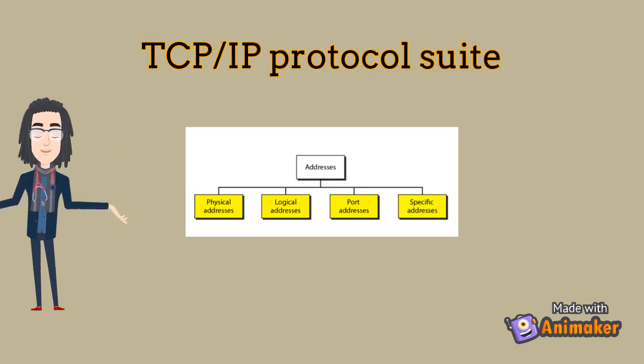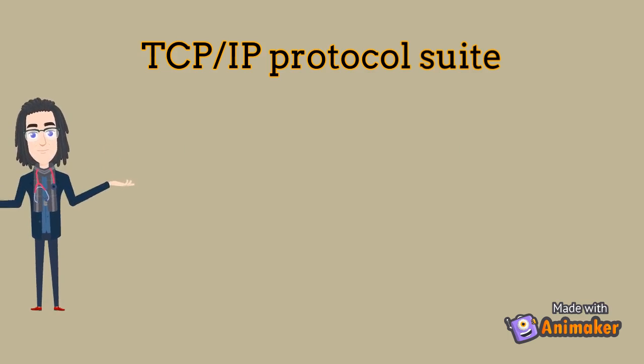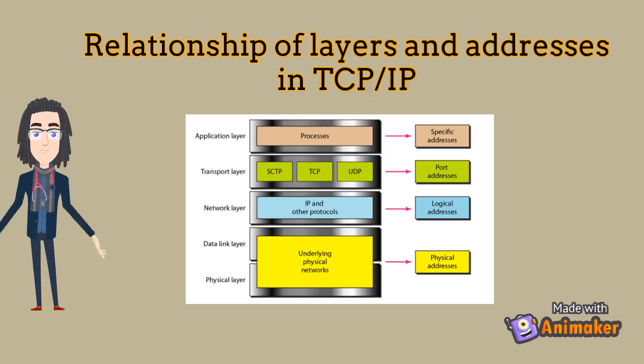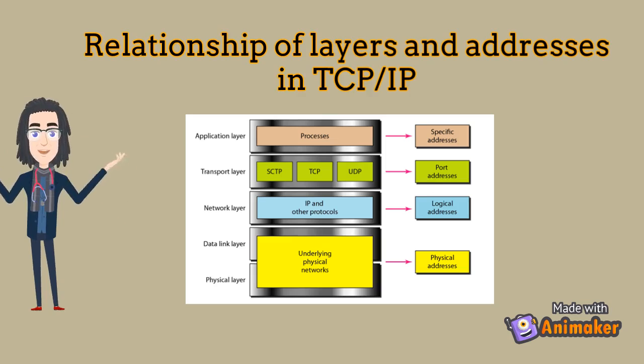Four levels of addresses are used in an internet employing the TCP/IP protocols: physical, logical, port, and specific. Now this is the relationship of layers and addresses in TCP/IP.